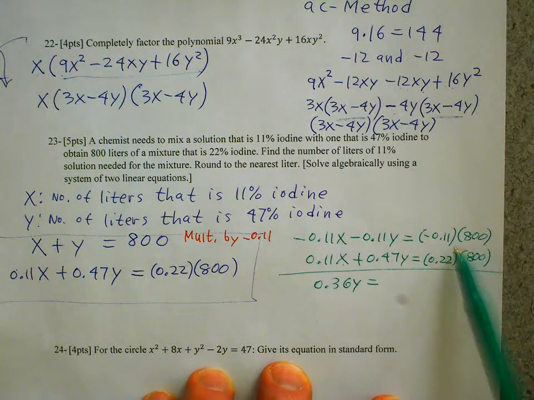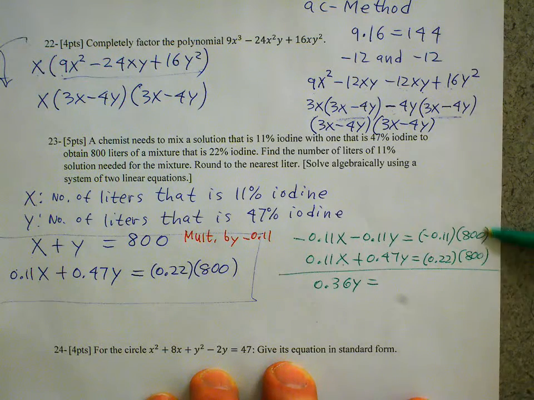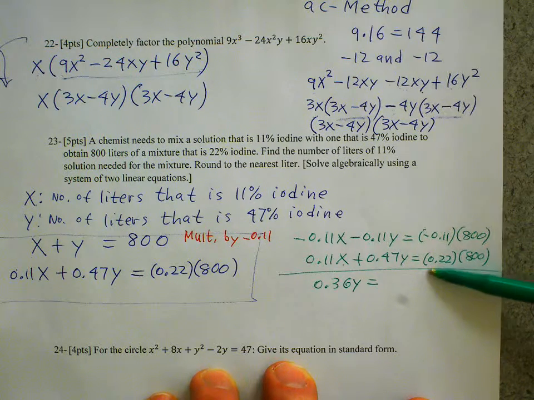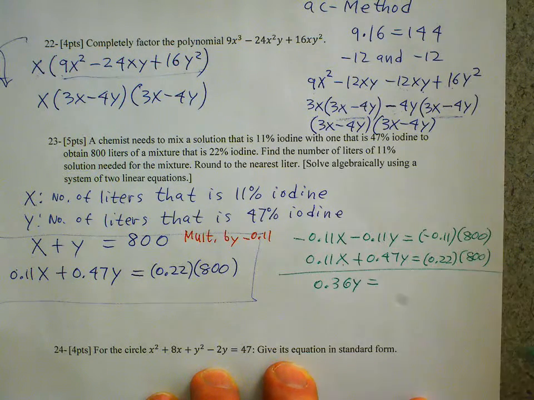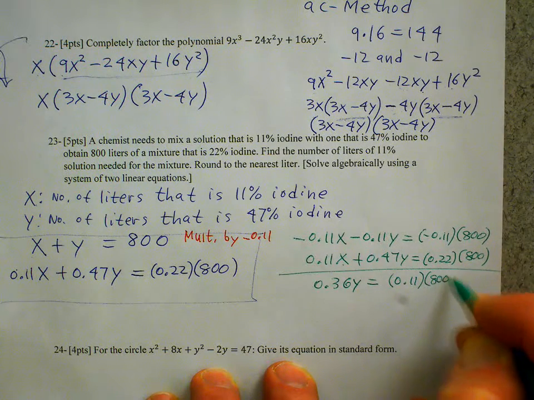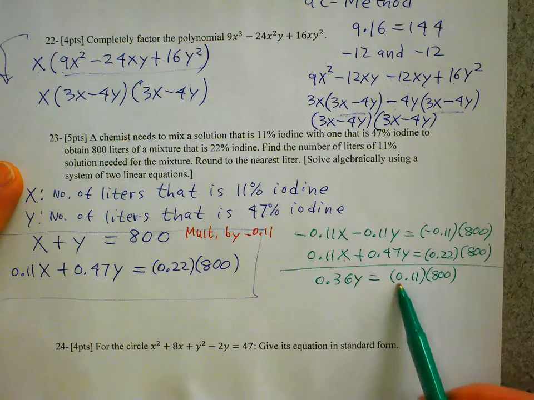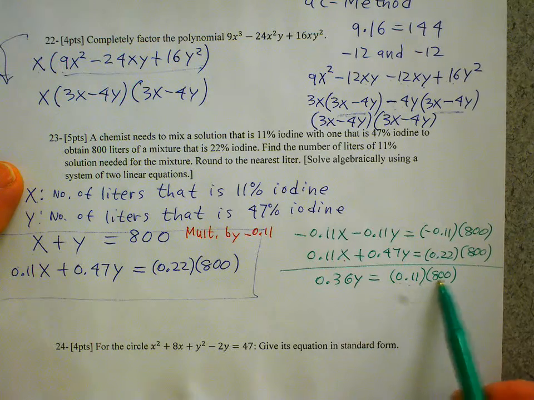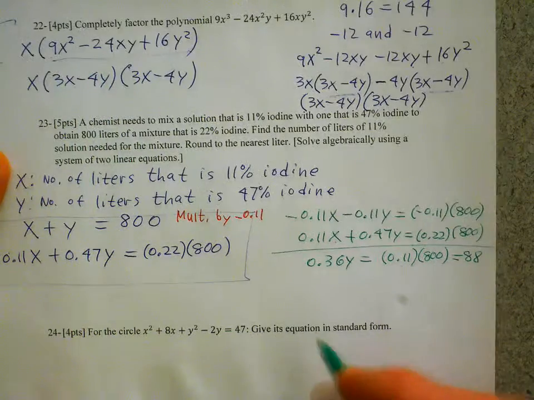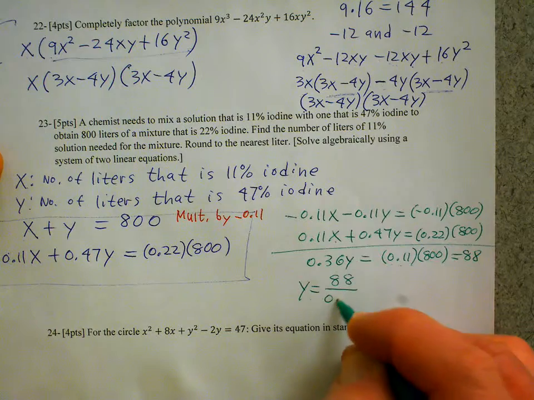And up here, if I just leave it in factored form, negative 0.11 times 800 plus 0.22 times 800 is equal to 0.11 times 800. 0.11 times 800 is just 88. And so y is equal to 88 divided by 0.36.